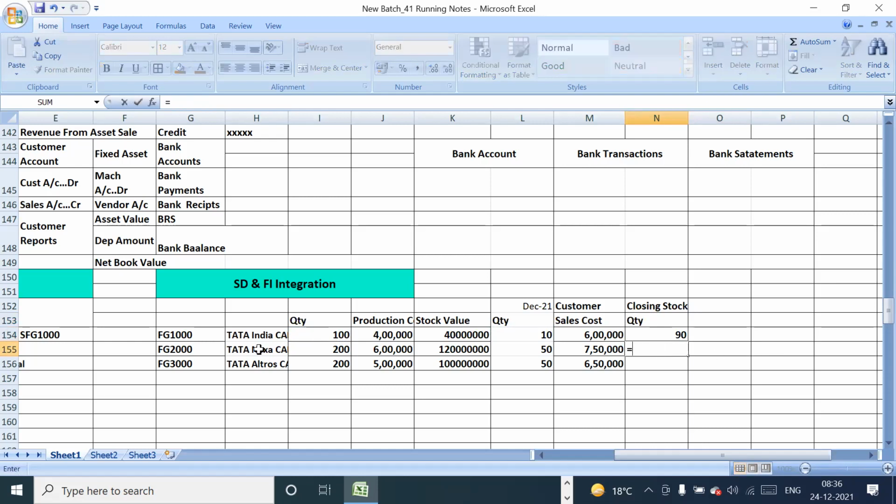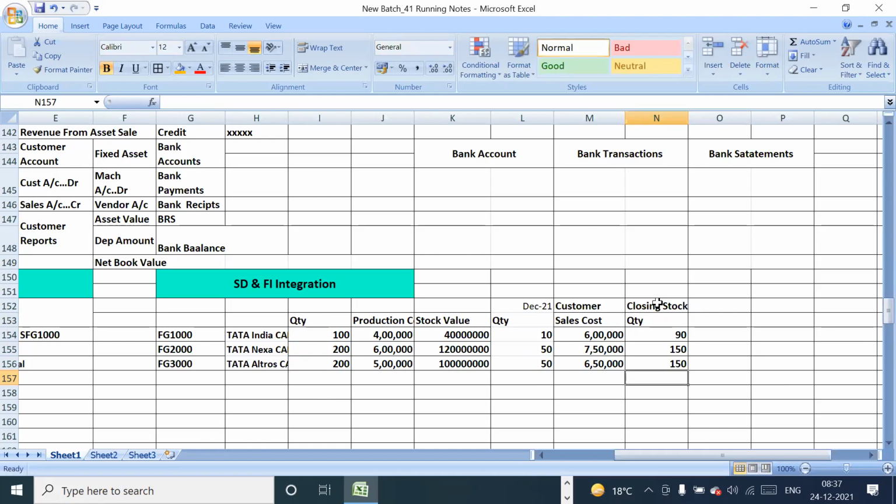Similarly, what is my closing stock for Nexa 150? What is my closing stock for Altros? Okay, this is the way we can get it.